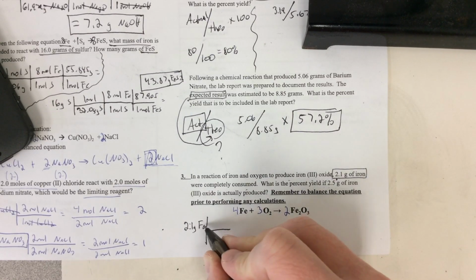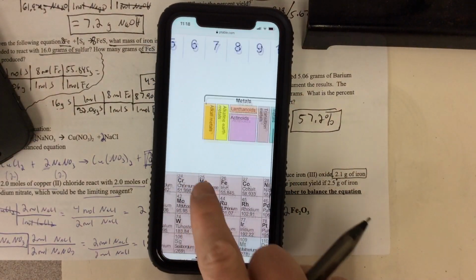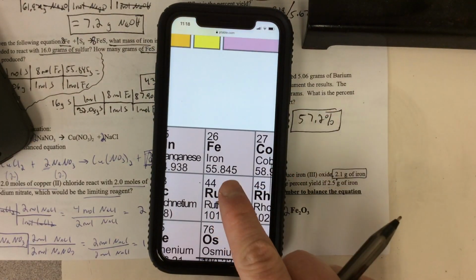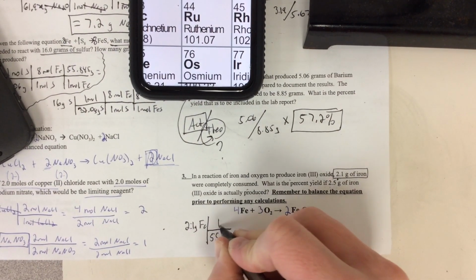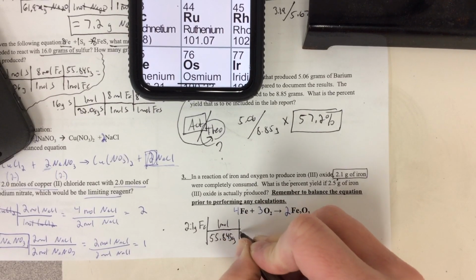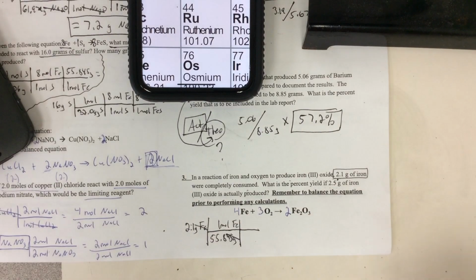And so the first thing we got to do is figure out what is the molar mass of iron. We go back to our periodic table, and we discover that iron is 55.845 for every 1 mole.